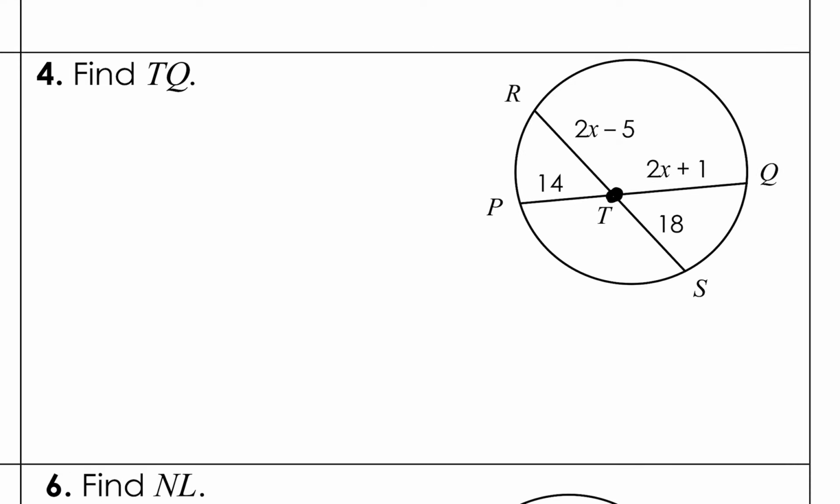Number 4. Again, intersection is happening inside the circle, so we are multiplying the segments on one line and equating them to the segments on the other line. So that will be 2x minus 5 is going to be multiplied with 18.